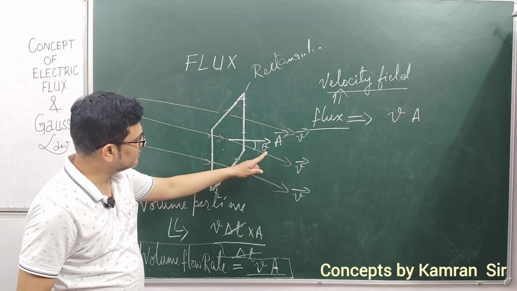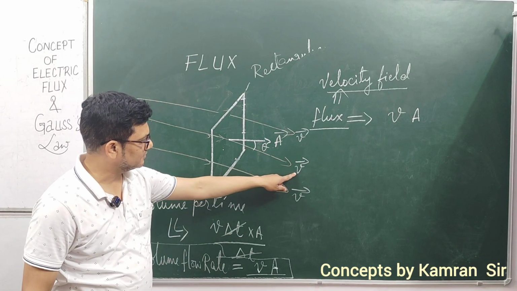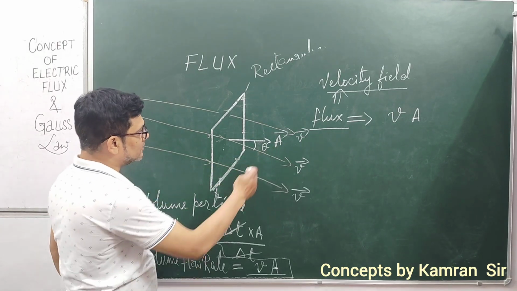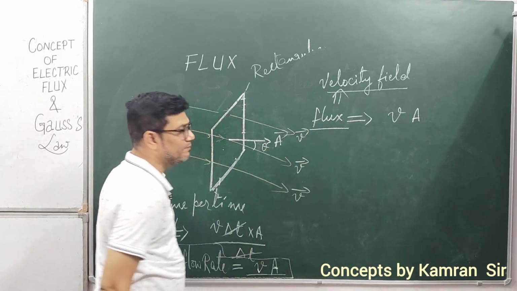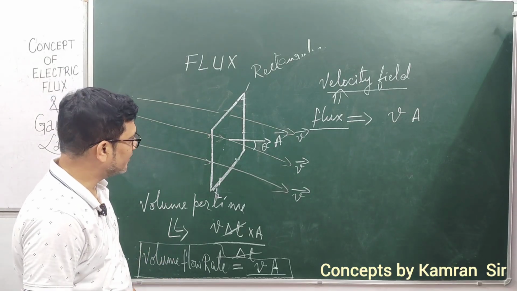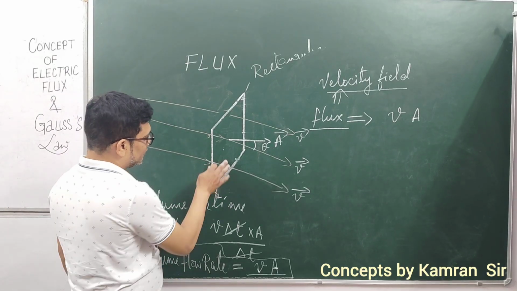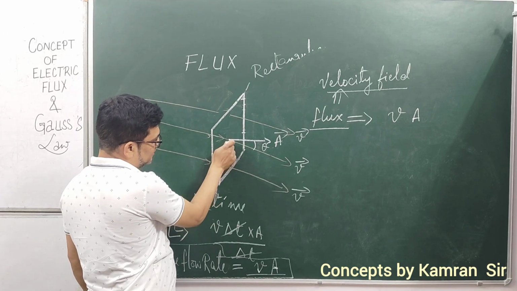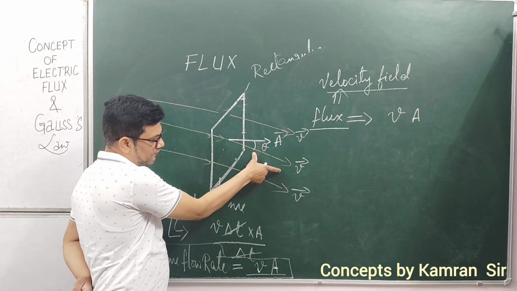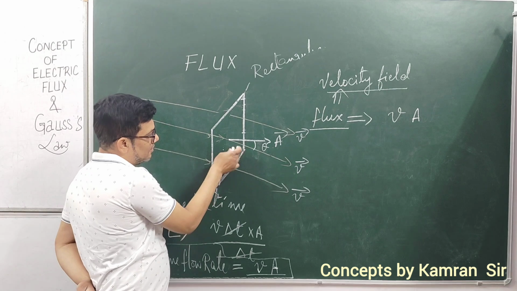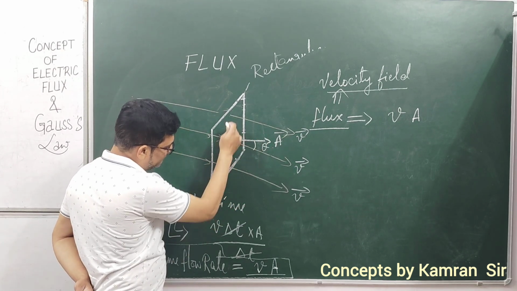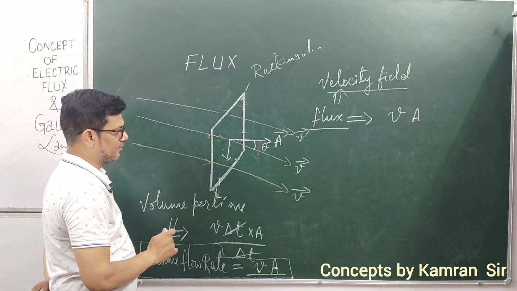If the velocity vector makes an angle theta with the area vector, then when we talk of this flux, what do we actually mean in this generalized situation? This velocity vector has two components: one along the area vector, the other perpendicular to the area vector.